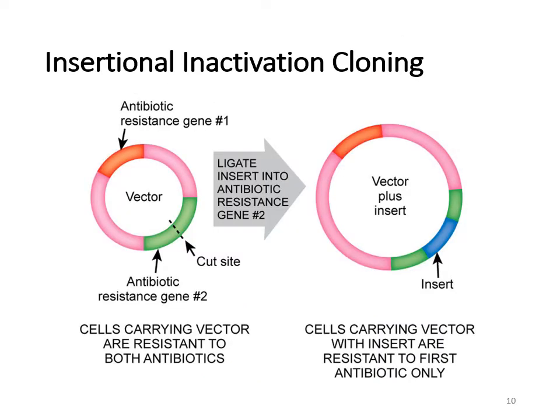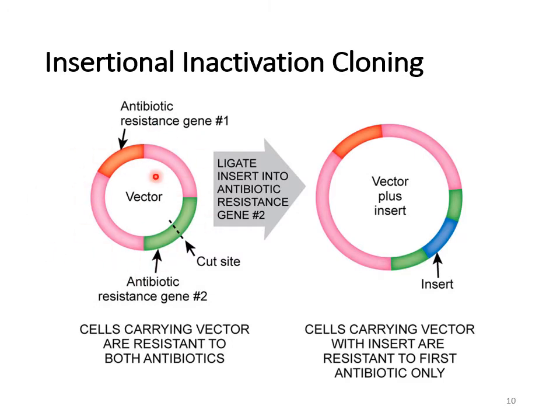So this is the insertional inactivation method of trying to see if your bacteria successfully took in the insert, or the new gene. This is basically what you see in the blue and white ligation transformation experiment. You have this plasmid over here. In this example, it's not the blue and white case.